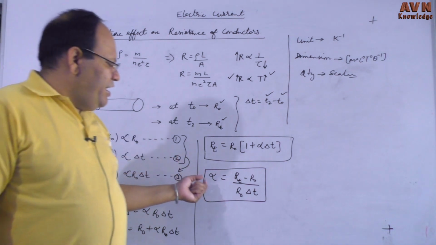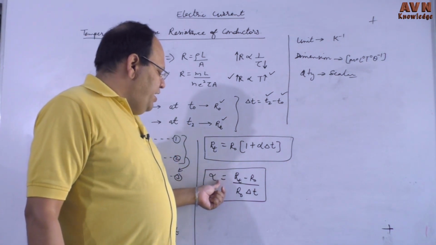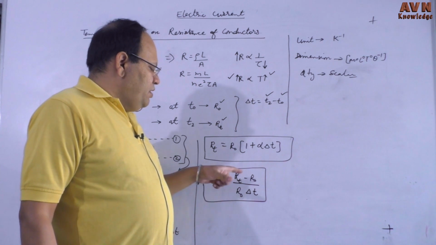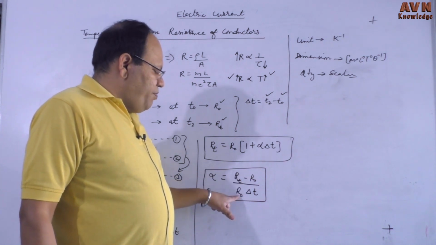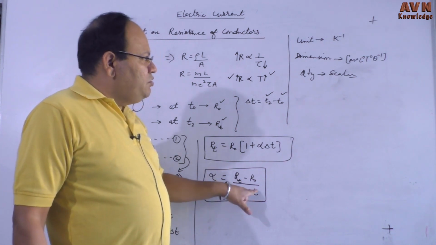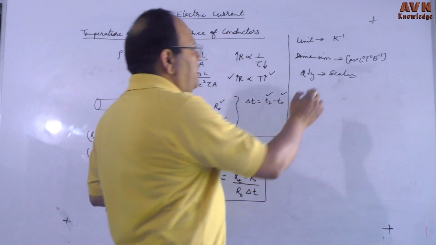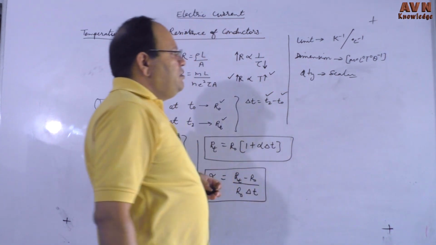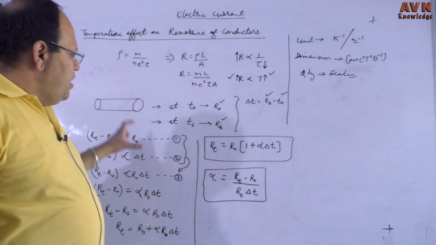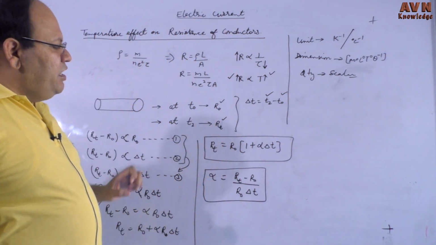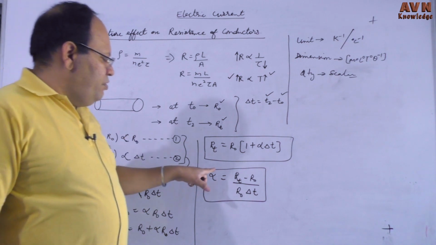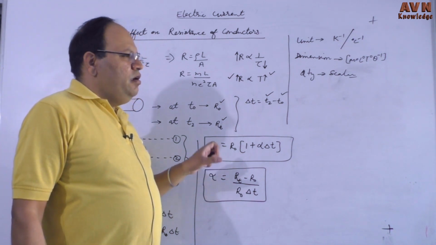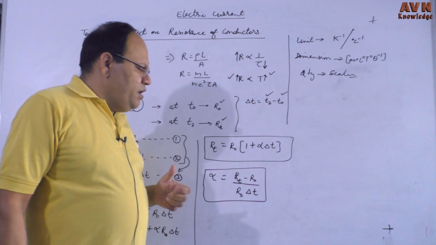So what is the temperature coefficient? Here the temperature coefficient is R_T minus R naught upon R naught delta T, so the unit is degree centigrade inverse or Kelvin inverse. And what is the impact of the temperature coefficient on the conductors?